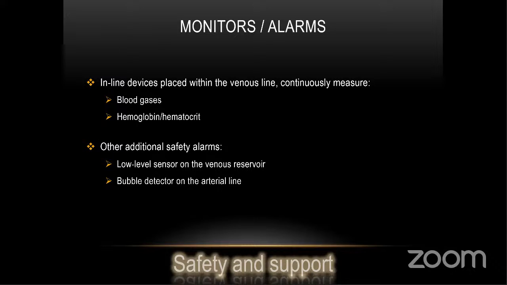Inline devices placed within the venous line continuously measure blood gases or hemoglobin and hematocrit or some electrolytes. Other additional safety alarms are a low level sensor on the venous reservoir and bubble detectors on arterial lines.